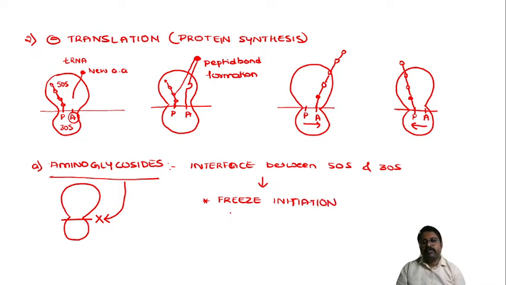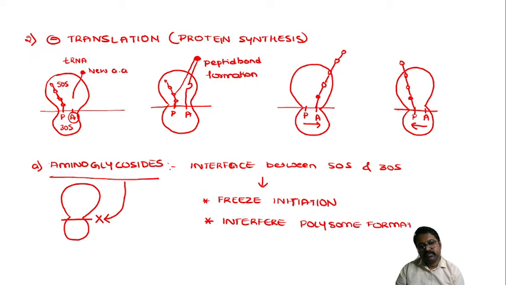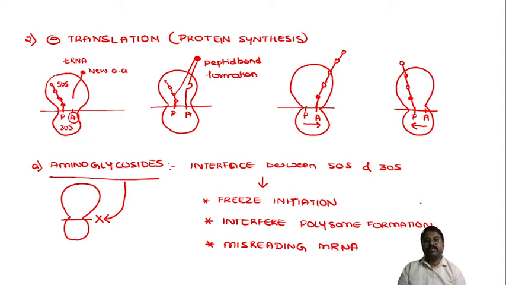It will freeze the protein synthesis initiation, and it will interfere with polysome formation, and also it will lead to misreading of mRNA. Thereby finally it will lead to inhibition in the protein synthesis.